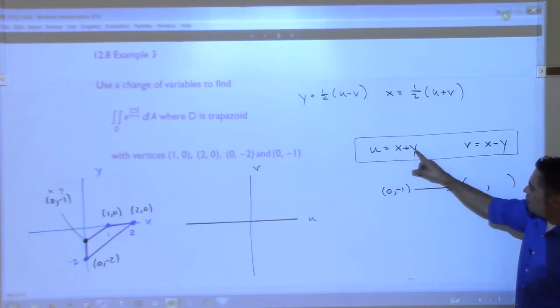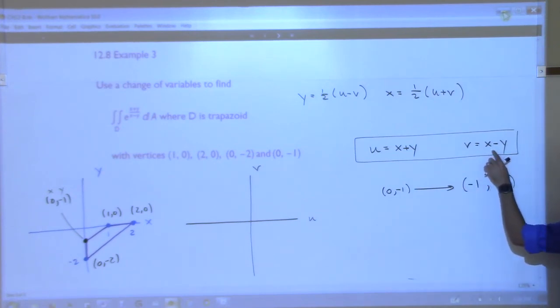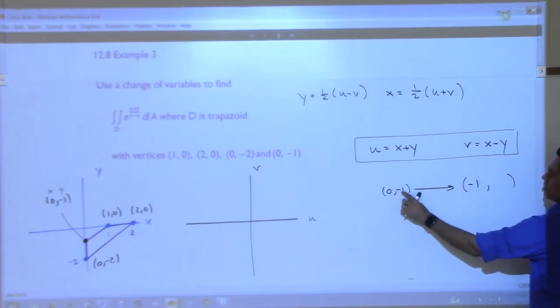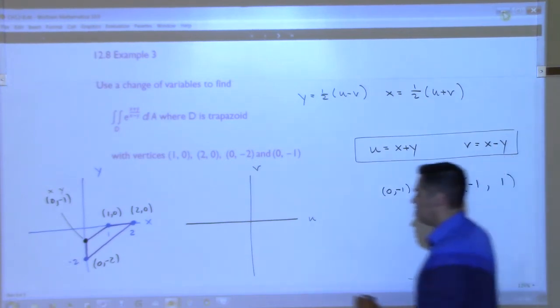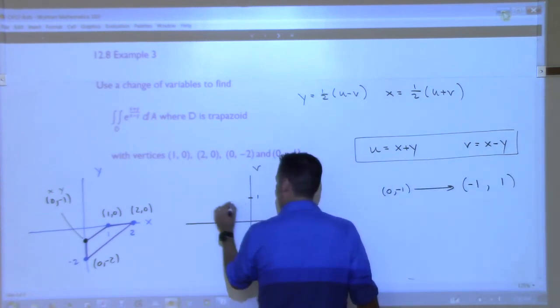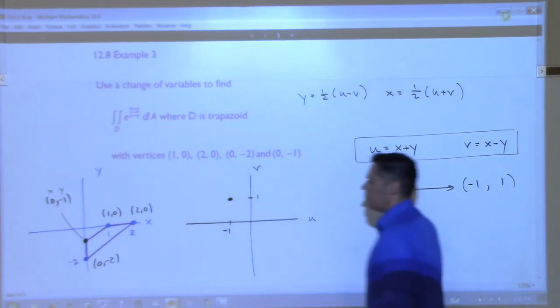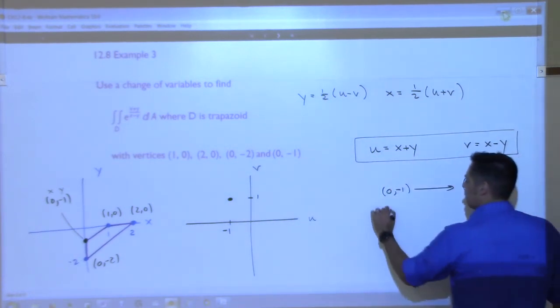If I go 0, -1 here, U is -1. What does the V become? 0 minus -1, so that's 1, right? So it becomes the point -1, 1.